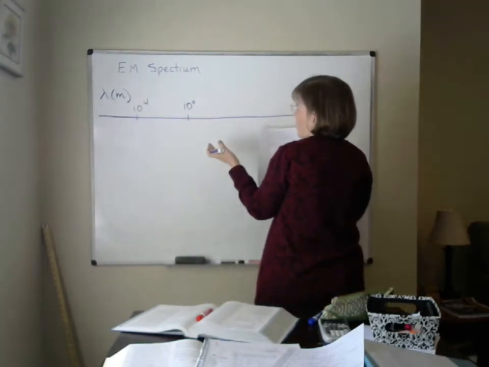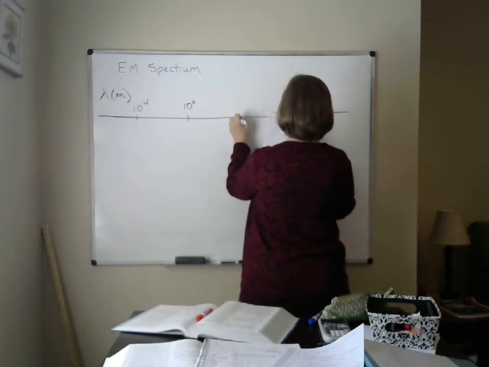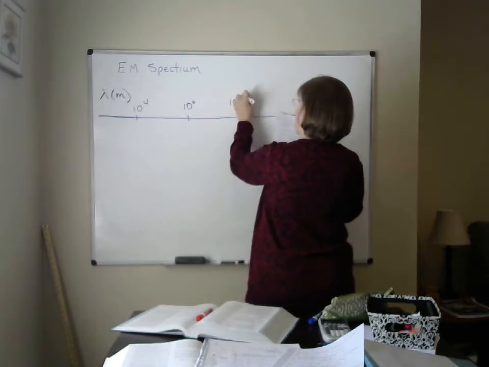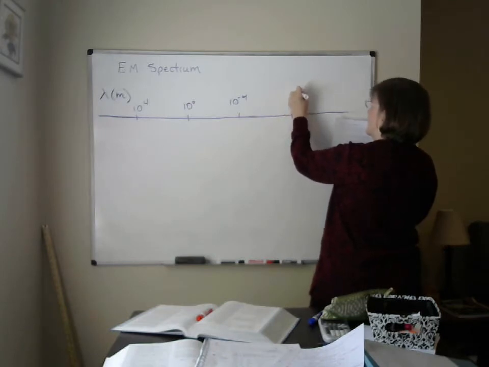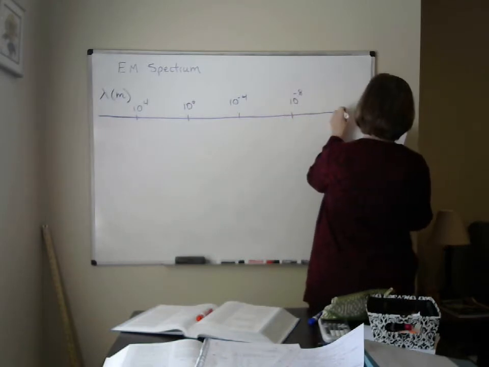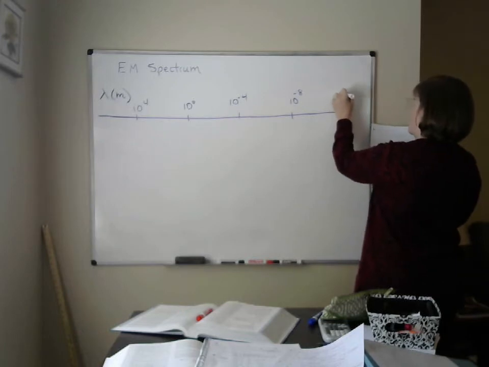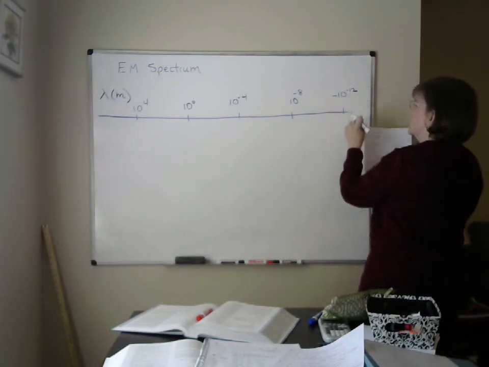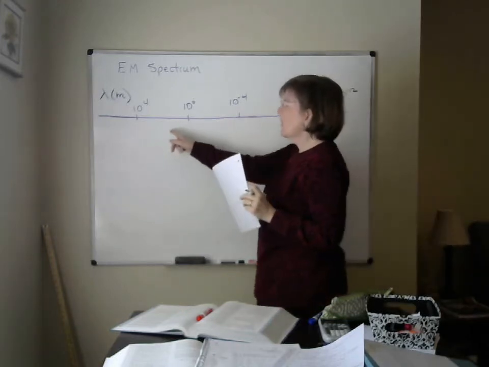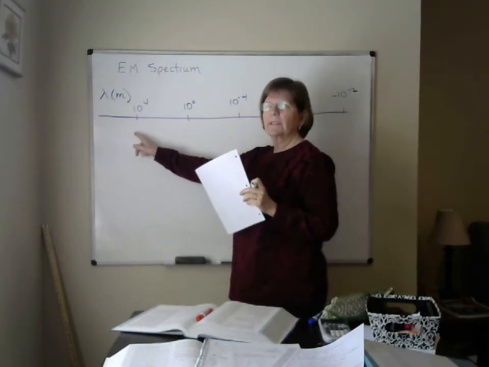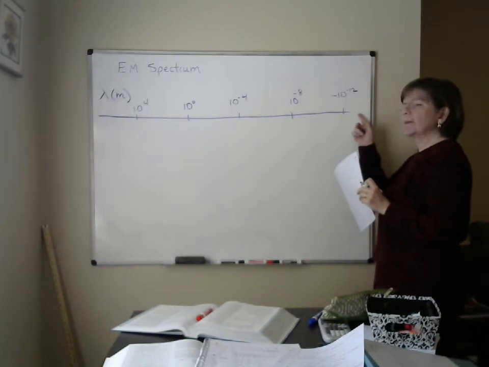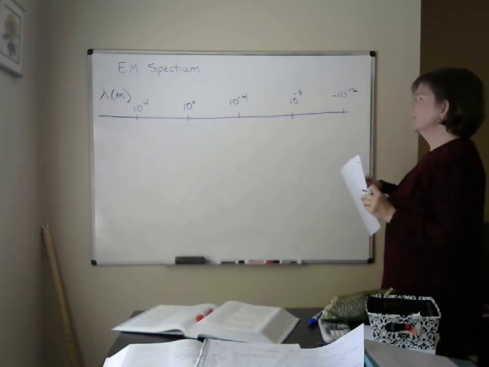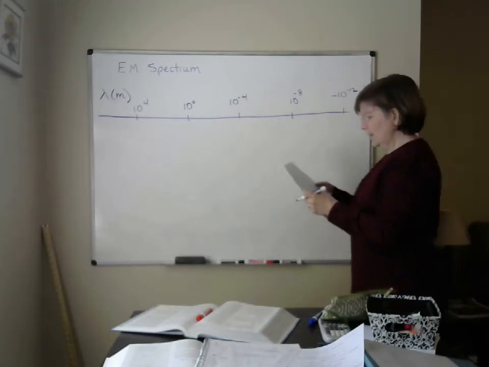That's on the order of 1. 10 to the negative 4. 10 to the negative 8. 10 to the negative 12. So we're going from some fairly long wavelengths, all the way down to wavelengths that are microscopic, much, much smaller even than that of visible light.